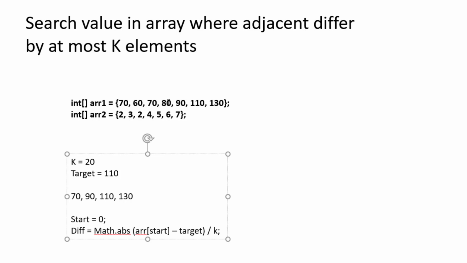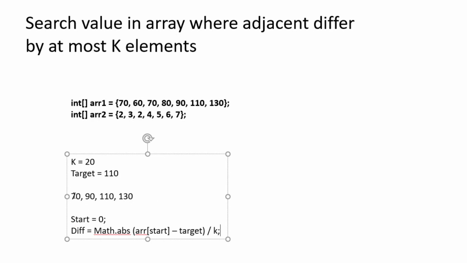In this case my target is 110, so 70 minus the target gives a difference of 40, and 40 divided by 20 is 2. It means in the ideal case the target would be at start plus 2 positions, as you can see here.